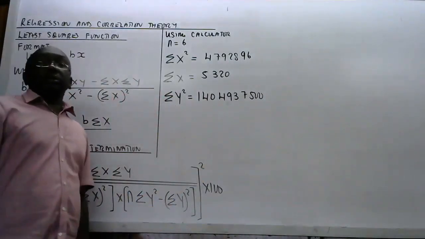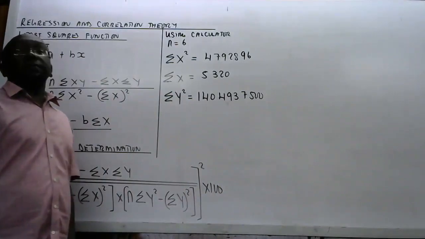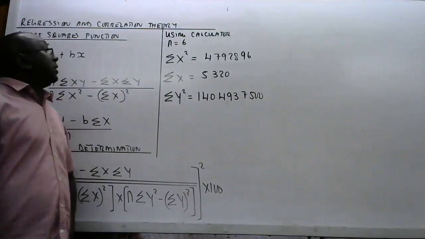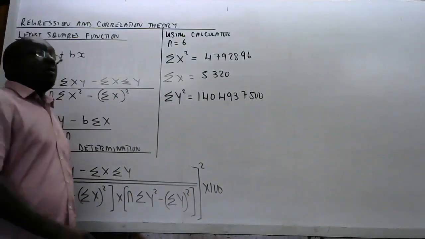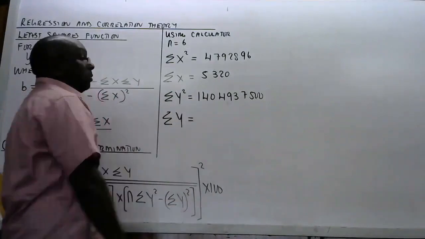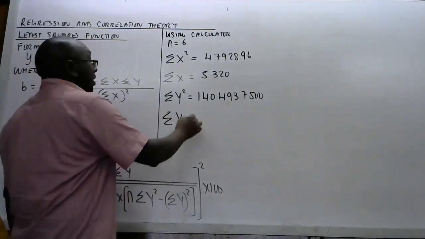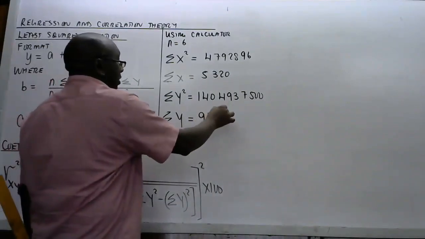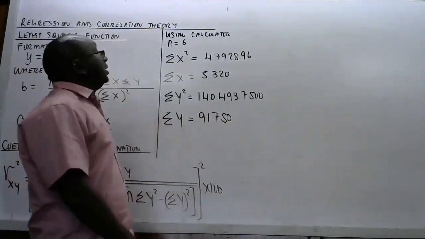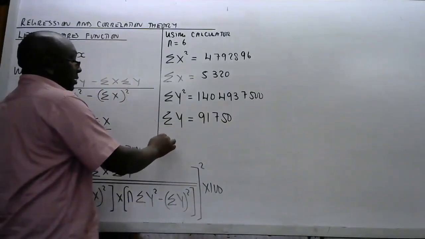Again, shift button number 1. We play forward once. The second item you see is sum of y. So sum of y, I press the number below it and press equals. Tell me whether you get 91,750. Then repeat the same.